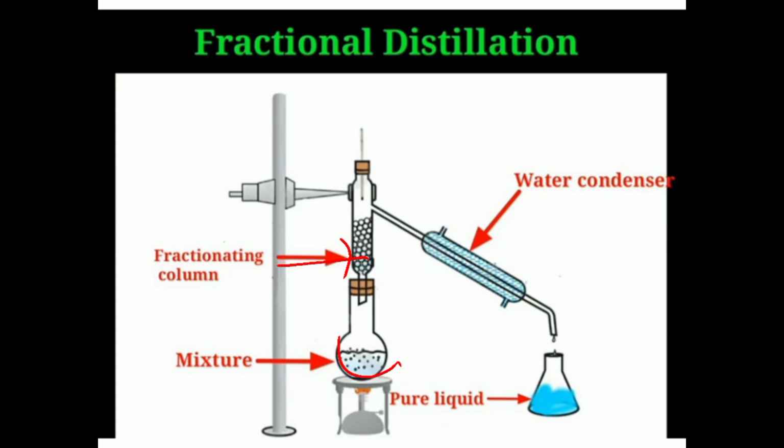A simple fractionating column is a tube which is packed with glass beads. As we can see, these are the glass beads. The beads provide a surface for the vapors to cool and condense repeatedly. The process is similar to that we studied for distillation.